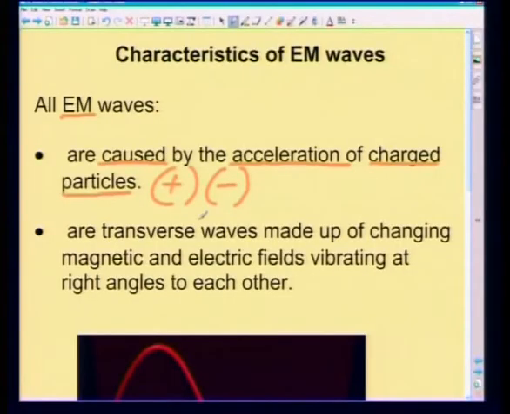Now, these waves are transverse waves. Okay? Now, transverse waves, I need to come back to this one. What types of waves are those?